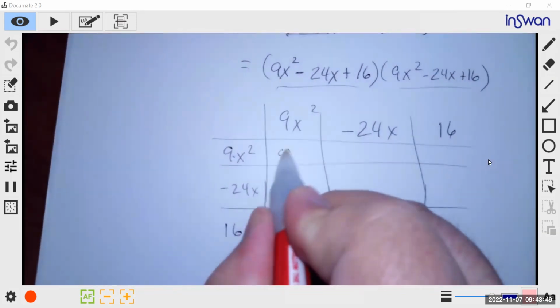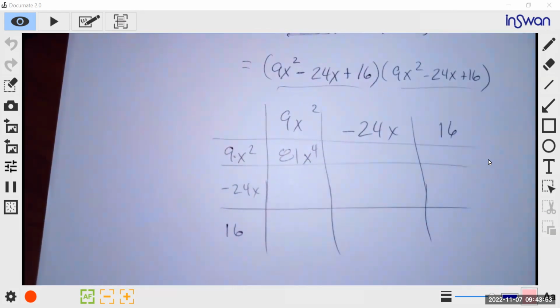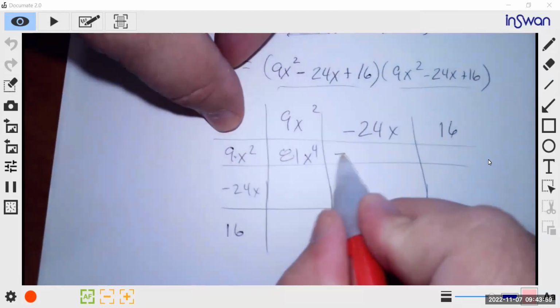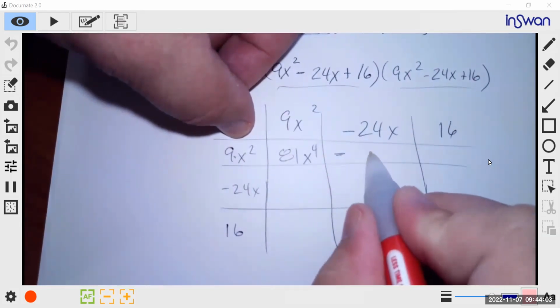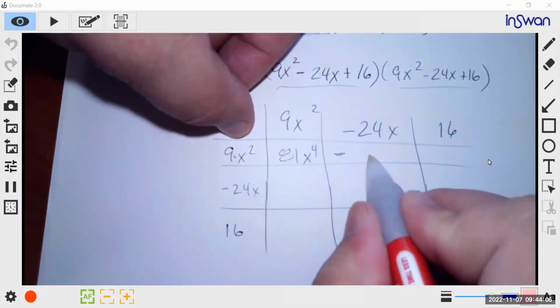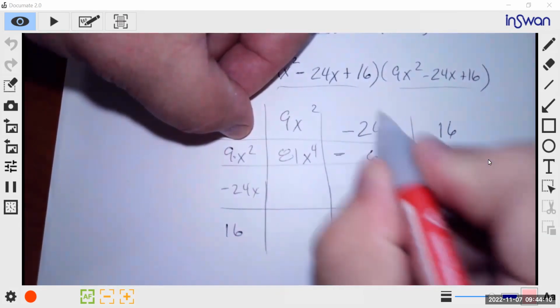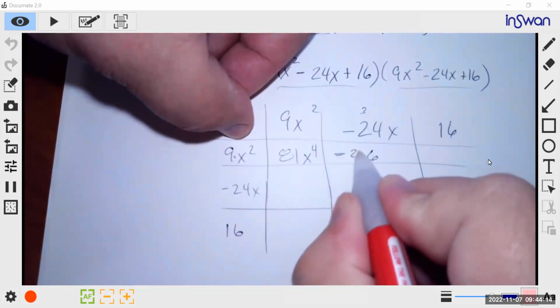9 times 9 is 81. X squared is x to the fourth. Positive times negative is a negative. 9 times 24. So 9 times 4 is what? 36. 9 times 2 is 18 plus 3.